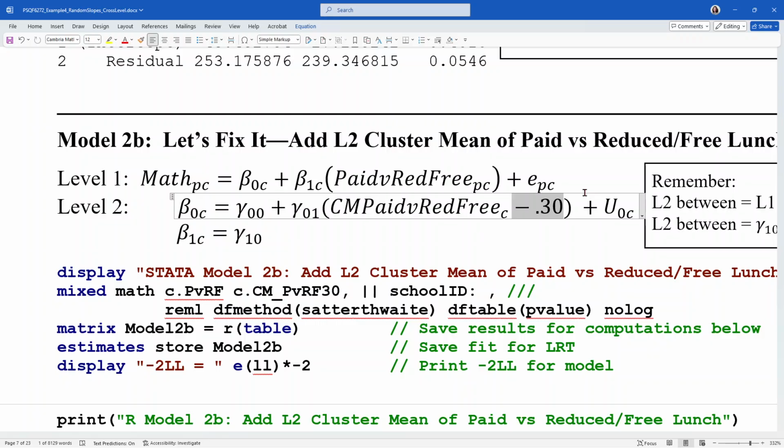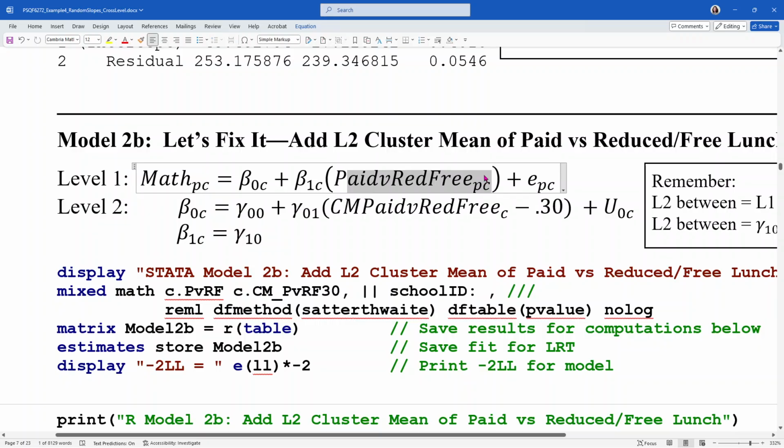Yep, 30% of my sample gets some kind of discount. So I'm setting it up so that my reference school has 30% students who get discounted lunch. And it is 0.3 because the school mean of a binary variable ranges between 0 and 1. So it's a proportion. That's why it's 0.3 and not 30, for instance.